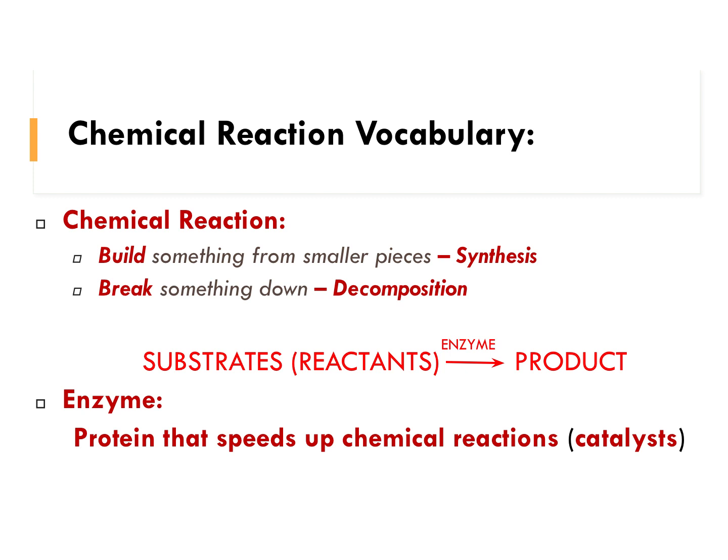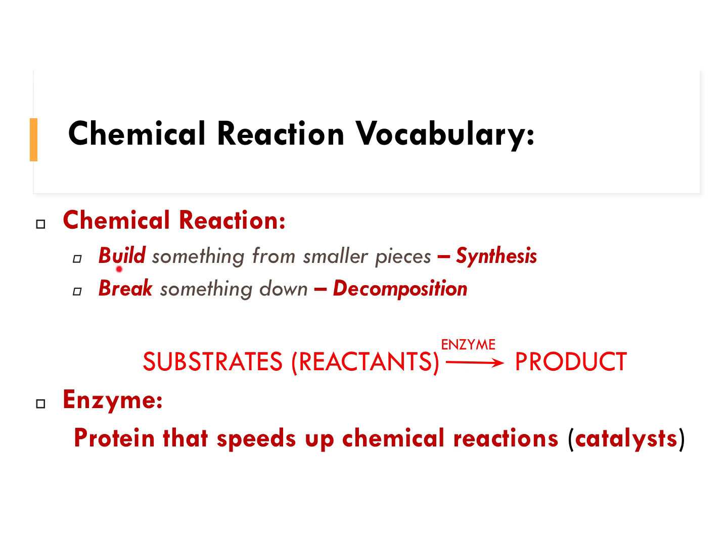All right, so today we're going to talk about enzymes, and enzymes are going to help speed up chemical reactions. So I want to start with just some chemical reaction vocabulary, okay? So there are lots of different types of chemical reactions. Two that we're going to pay attention to that enzymes participate in are called synthesis and decomposition reactions.